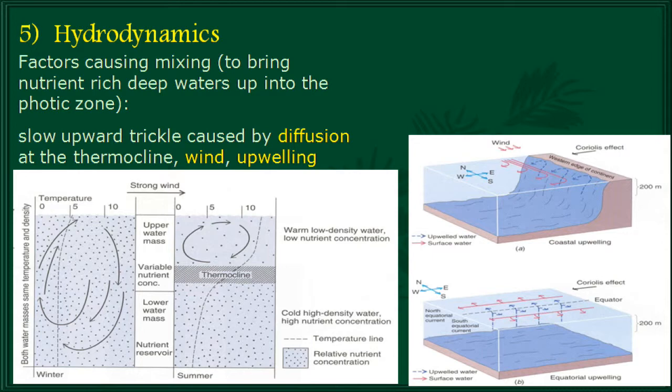And that water from the bottom is nutrient rich, and those nutrient-rich waters meet the area where there is enough light, and so that helps to increase your primary productivity.